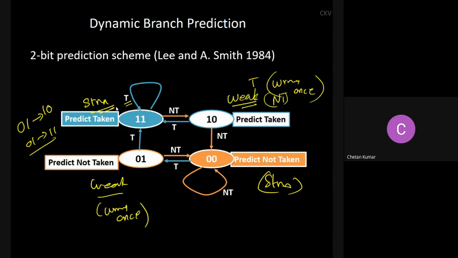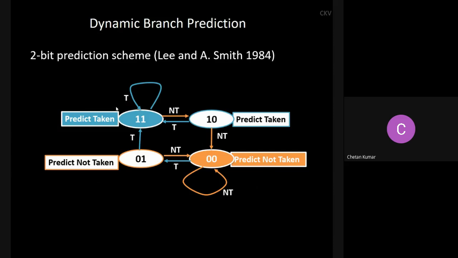Any doubts on the 2-bit prediction schemes? The basic thing you have to understand is that in a 2-bit prediction scheme there could be two different variations, and I have explained both. The first is called a saturation counter.